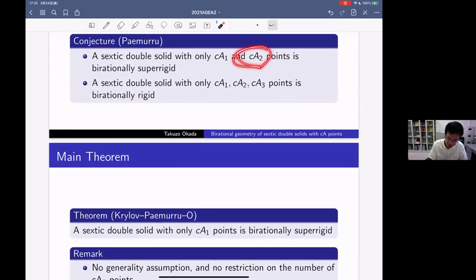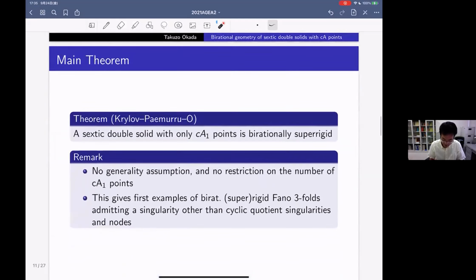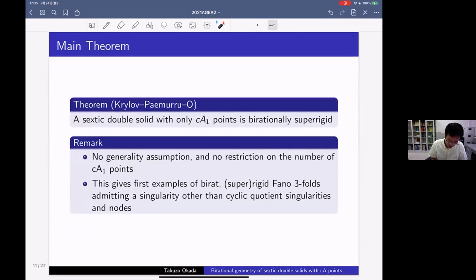We cannot allow CA2 points here, CA1 points only. So some remarks. In this theorem, no generality assumption is made. We do not need any generality assumption, and no restriction on the number of CA1 points.